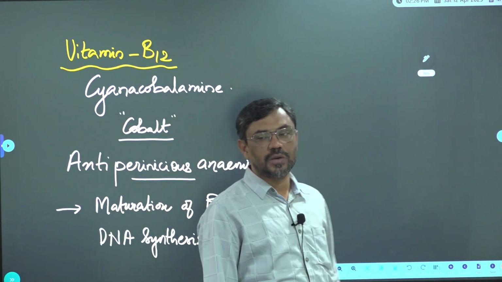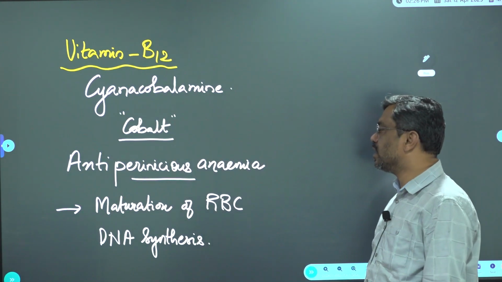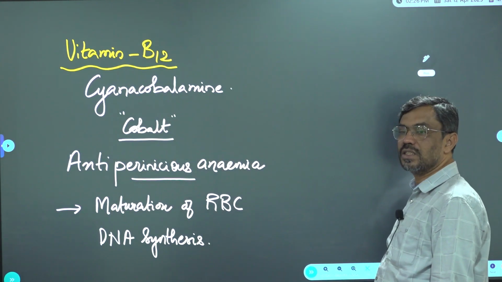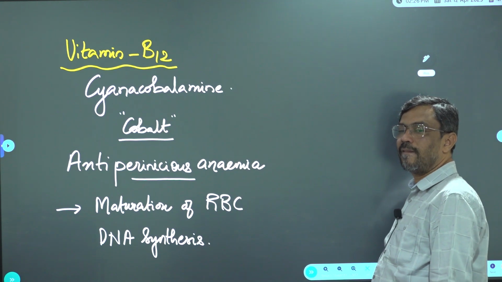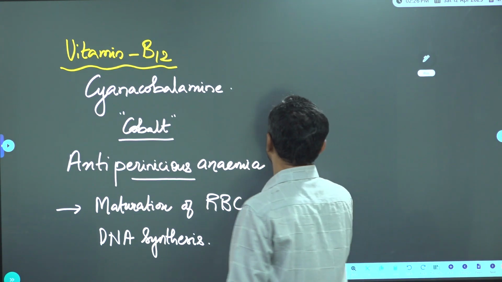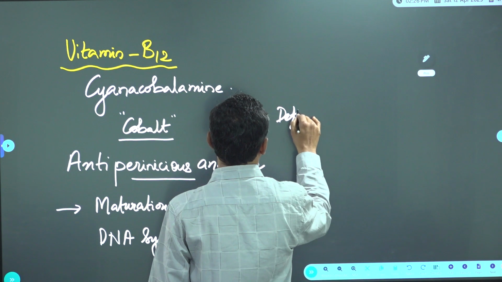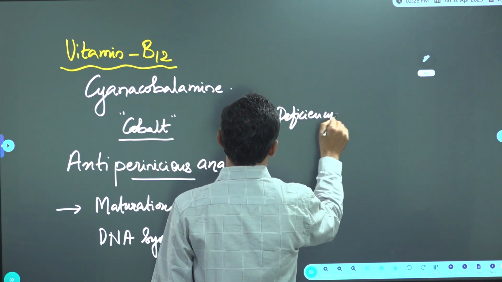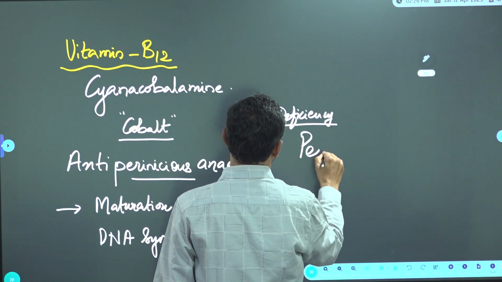Functions are maturation of RBC and DNA synthesis. So then deficiency causes pernicious anemia.